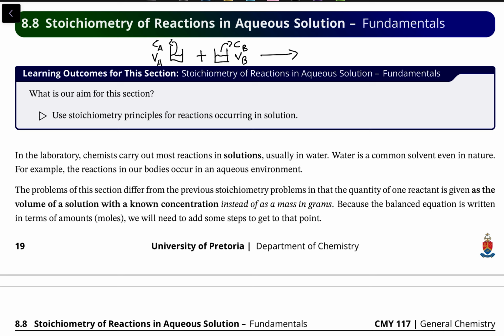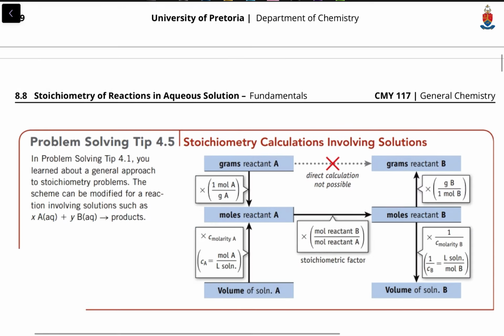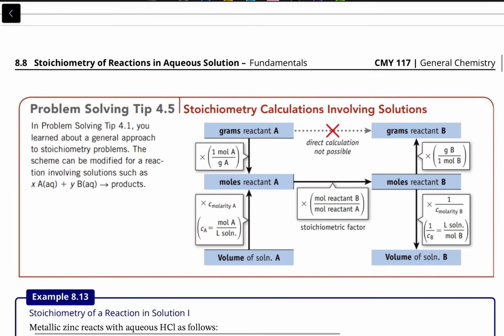And you need to be comfortable with the idea of concentration, so mole per liter, molarity. All right. Just as we had earlier, where you must remind yourself that you cannot work directly in grams in any reaction, just as such, you cannot work directly with concentration. You must always work with the volume of solution, use the concentration, and work your way back to mole.